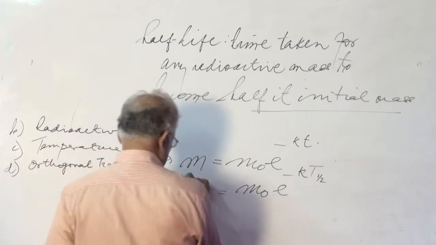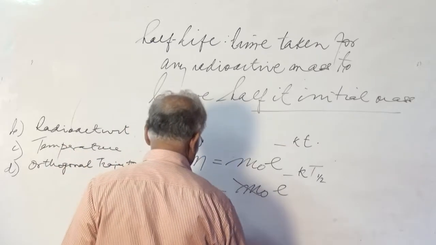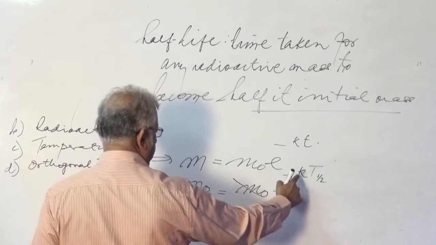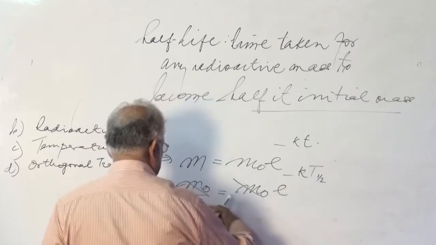Now, getting rid of this m0, we get e to the power of k t half will be 2.